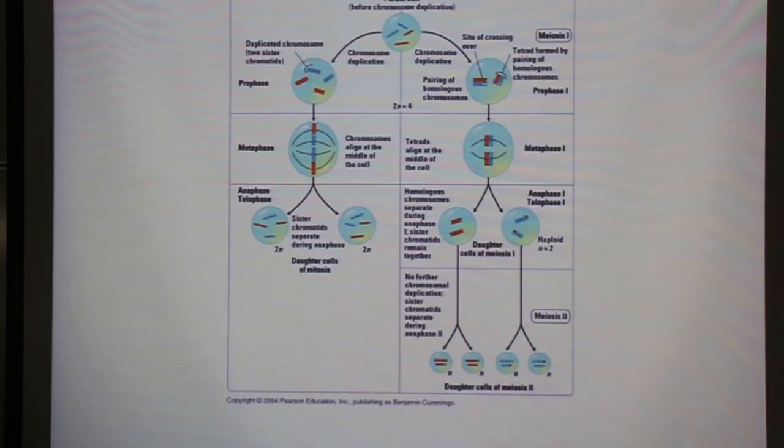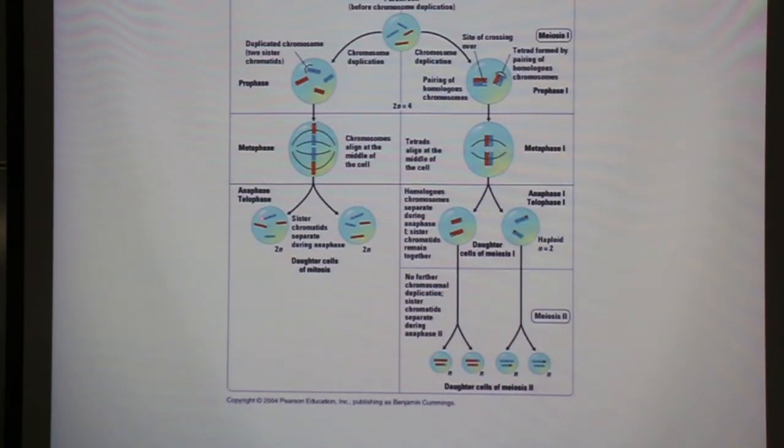during prophase we can see the duplicated chromosomes, but in meiosis we get this crossing over event where you get genetic recombination because the tetrads actually swap parts. Okay? During metaphase of mitosis, all the chromosomes line up. During metaphase 1 of meiosis, they line up in pairs.